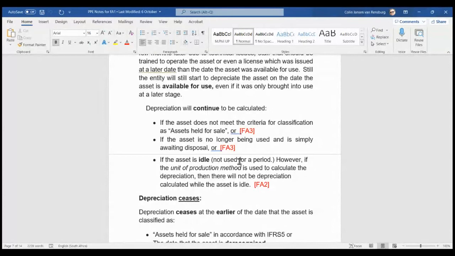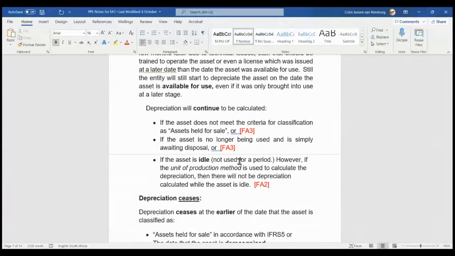Just perhaps the third bullet there is quite interesting for us, where they say if an asset is for a little while not being used, in other words, it's lying idle, and you are using any of the time-based depreciation methods, in other words, your straight line method or your diminishing balance method, then you should not stop the depreciation process.